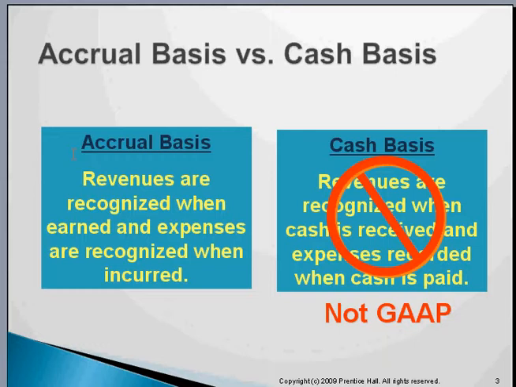So under the accrual basis, we recognize the $9,000 because Jonathan's law firm substantially performed their job. They provided all the services. The only thing that was left to be done was to collect the money. So under the accrual basis, Jonathan Law Firm recognizes $9,000.